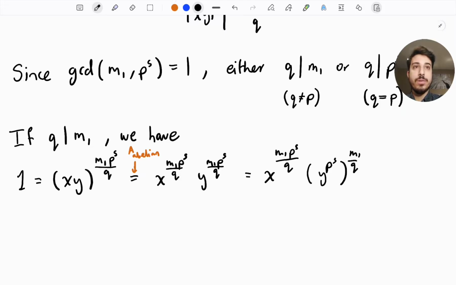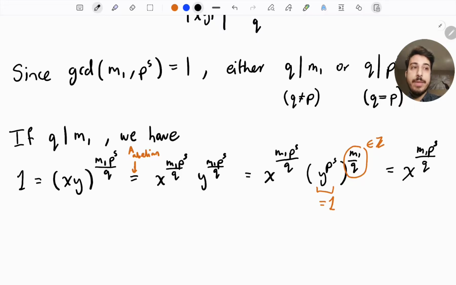So because the order of y is p to the s, this is equal to the identity. And this here is an integer because q is supposed to divide m1. And if we take the identity to an integer power, we get the identity. So this is all equal to x to the m1 p to the s over q.